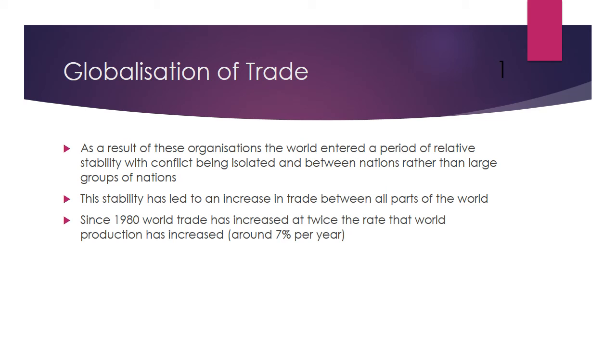So, what happened then after this is that the world entered a period of relative stability, and conflict again became isolated and was between individual nations rather than large groups of nations. It certainly didn't prevent wars from happening, but we didn't see those wars escalating into global conflict. Instead, they became local conflict.